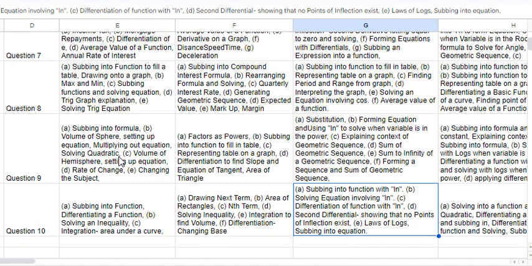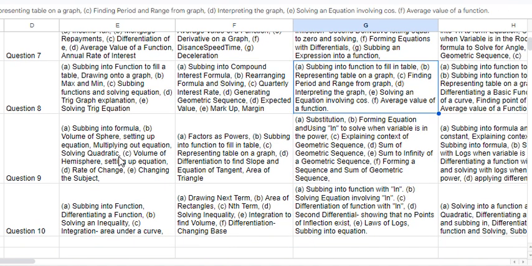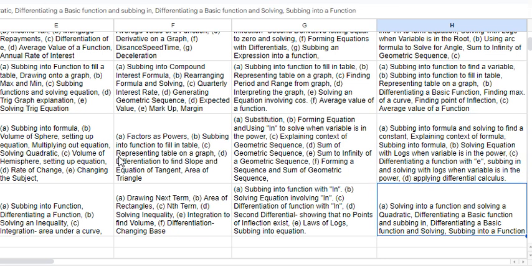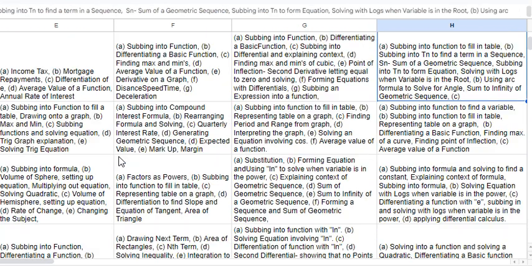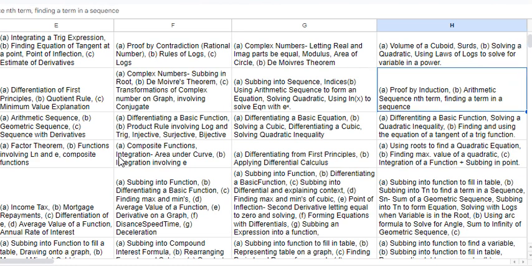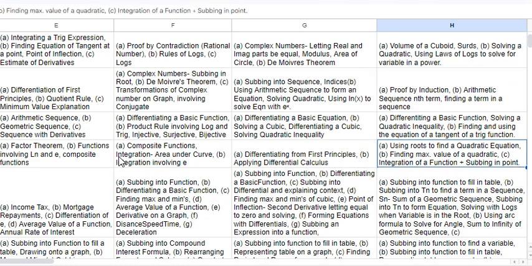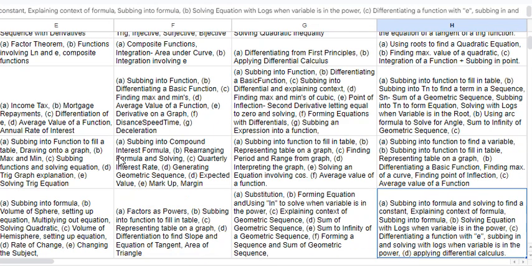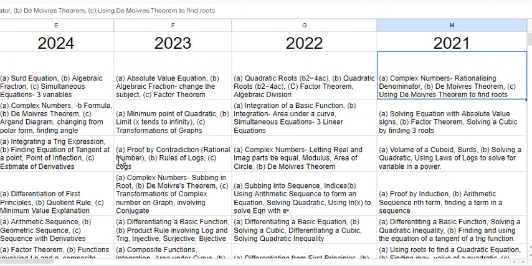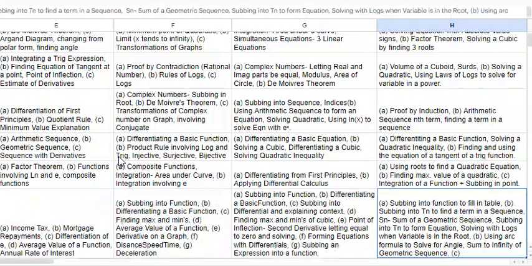It comes up in that average value as well, which I've gone through already. Integration of a function there, part C of question 6 in 2021. I don't see much of it there in 2021 actually.